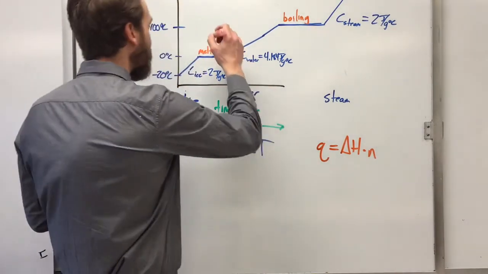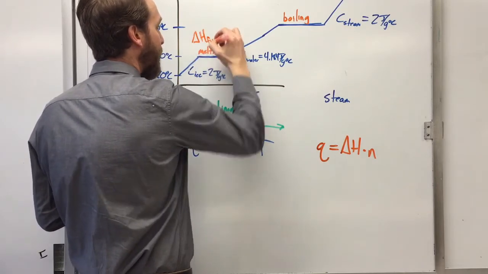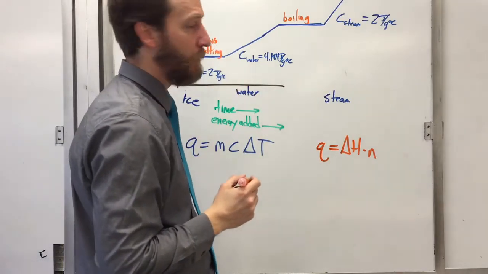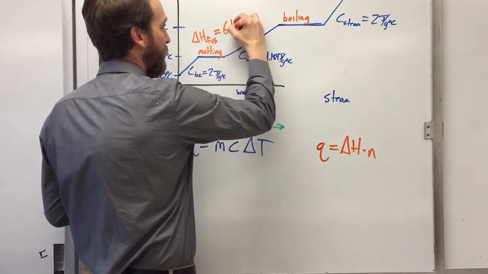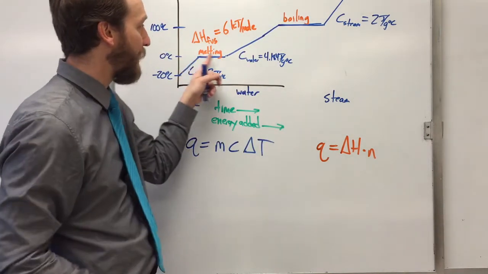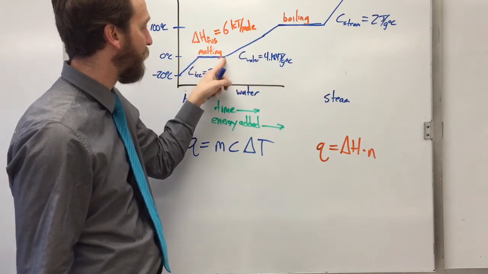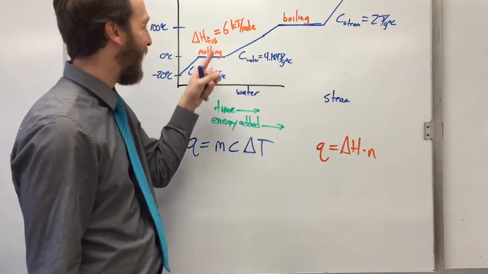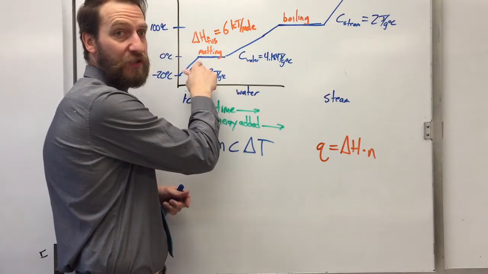So for melting, the delta H, sometimes we call it the delta H of fusion, is about 6 kilojoules per mole. Now it takes the same amount of energy to melt a mole of ice, 6 kilojoules, as you have to remove from a mole of water to turn it into ice.